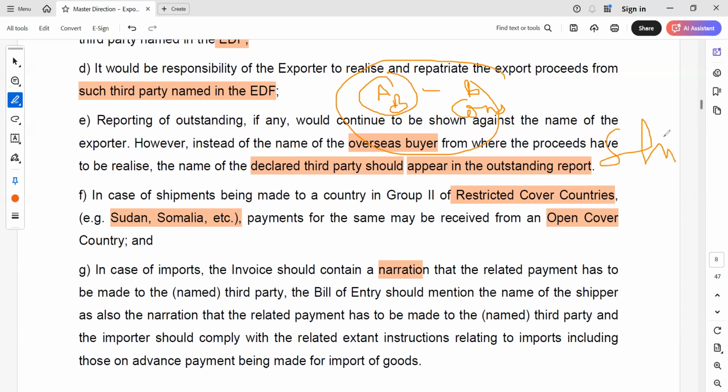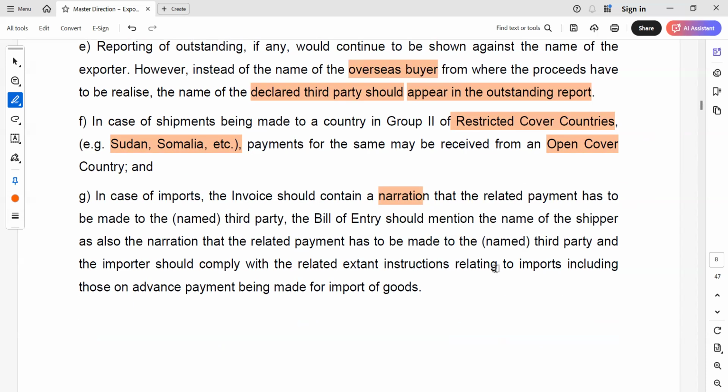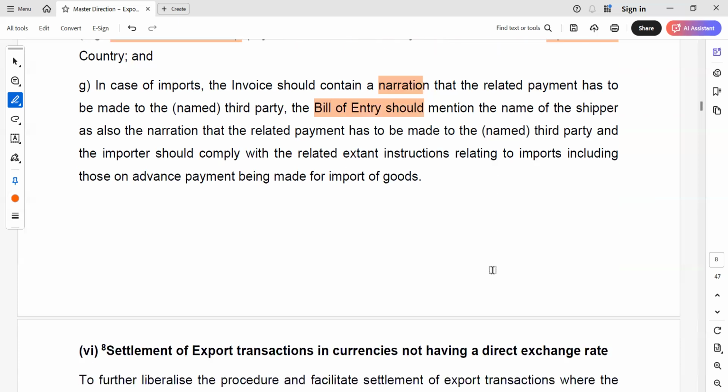So whatever shipping bill is there, the names of the different parties which are involved should be mentioned on it. So in case of import also, in bill of entry it should be mentioned the name of shipper as also narration related payment, third party, and importer should comply.